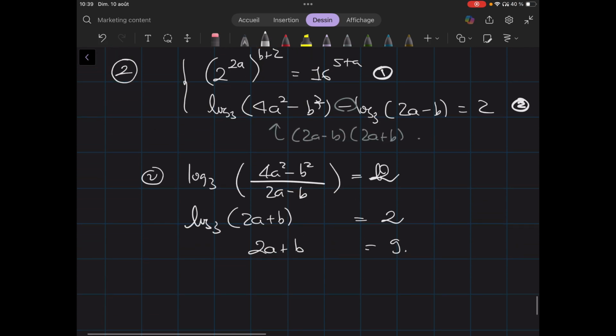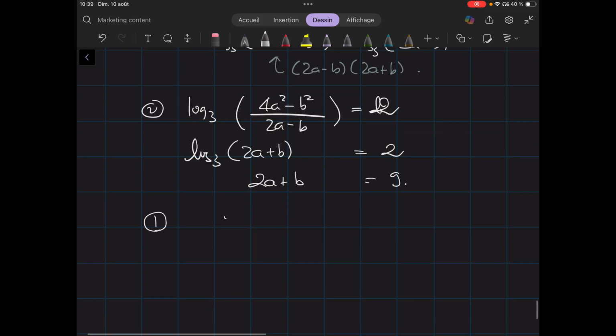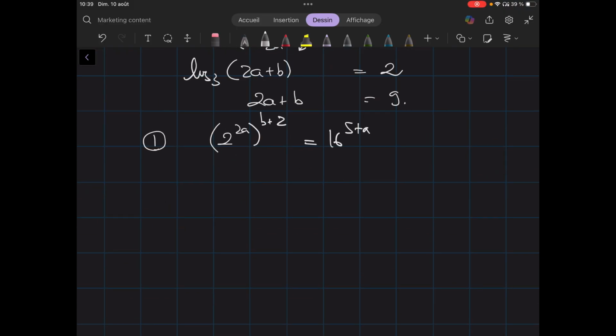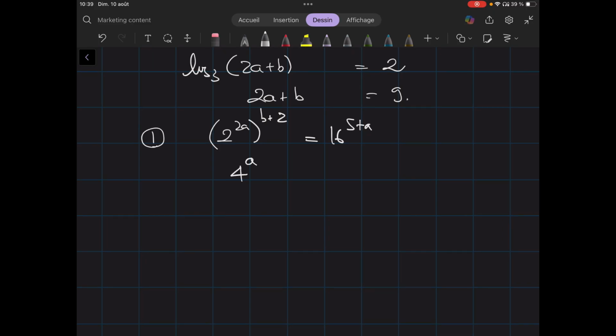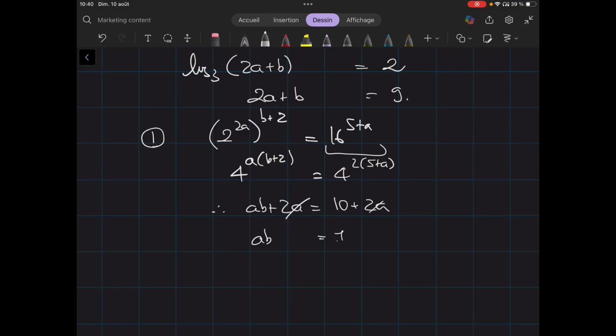Going back to the first equation, 2 to the 2a times b plus 2 is equal to 16 to the 5 plus a. Let's change everything to the same base. 2 to the 2a times b plus 2, that would be 4 to the a times b plus 2. Changing the right-hand side to base 4. And that gives our second equation, or ab is equal to 10.